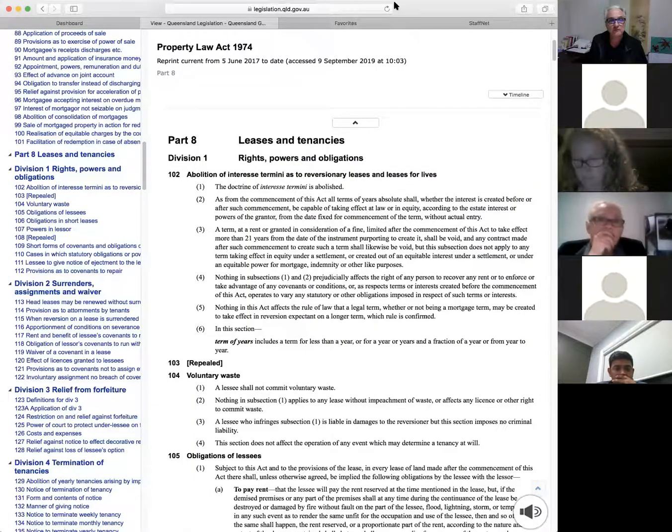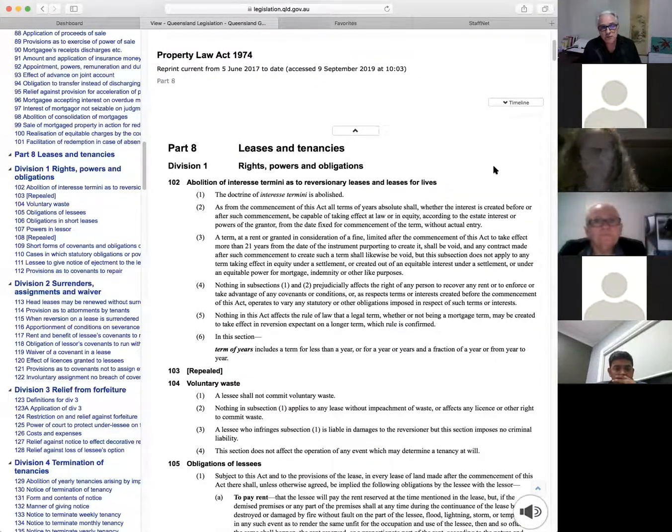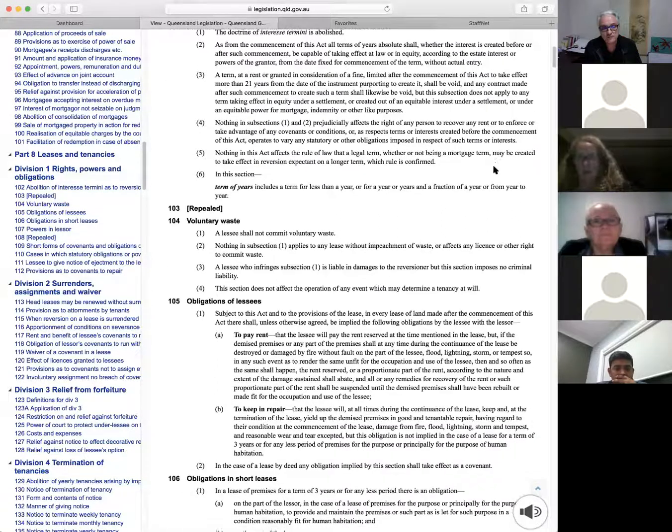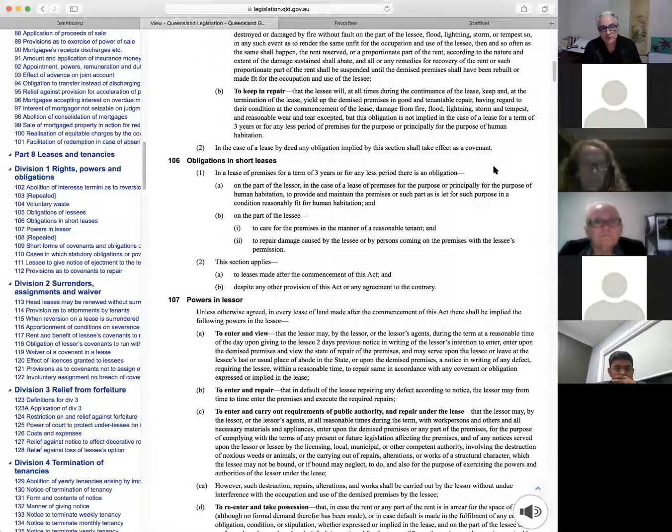Don't forget the legislation, folks. This is the Property Law Act. We've got Part 8, Division 1, the rights, powers and obligations. There's section 105, obligations of the lessees, and 106, obligations in short leases. That idea of short leases is not the same in all jurisdictions, but in Queensland it talks about a term of 3 years or less.